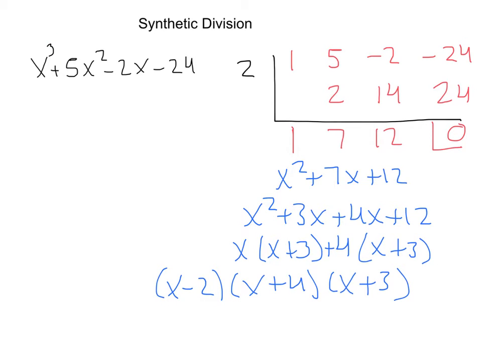It's always going to hold true that if it's a third degree, it has 3 factors. Sometimes the multiplicity is going to be different, and I'll have a video linked to multiplicity where I talk about that. But if I asked you just to solve this, then you would tell me that x equals 2, negative 4, and negative 3. But if I asked you to factor it, this would be the factored form.